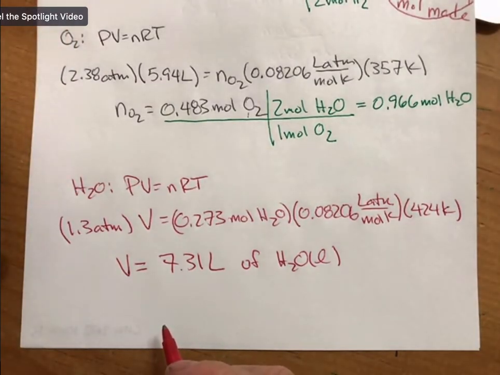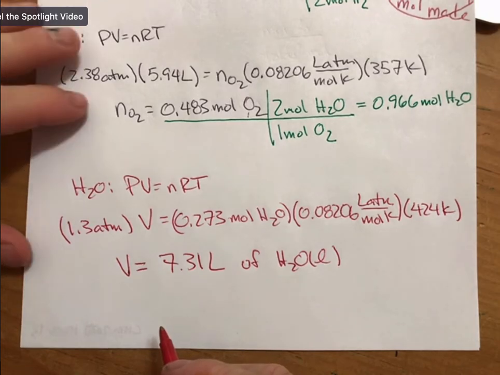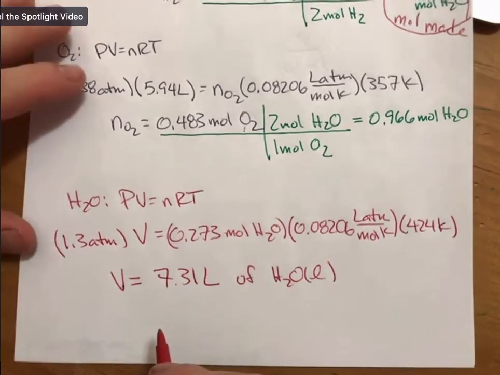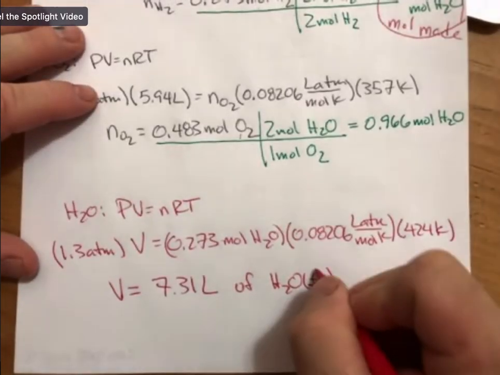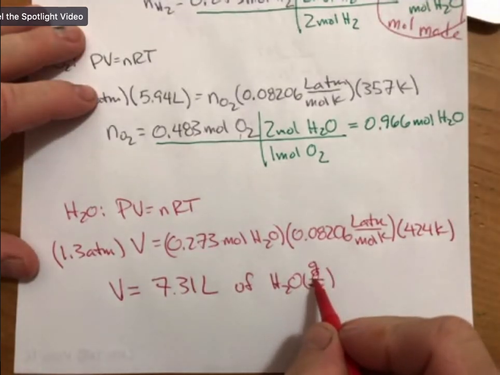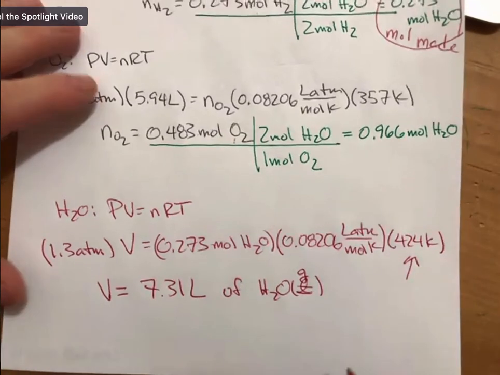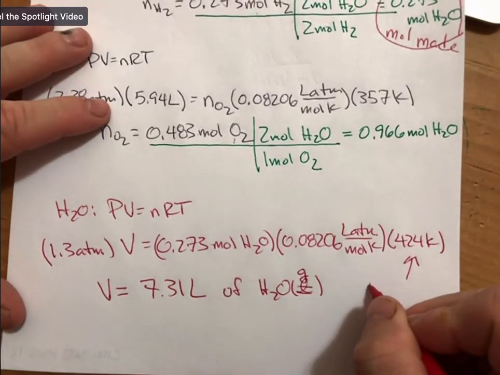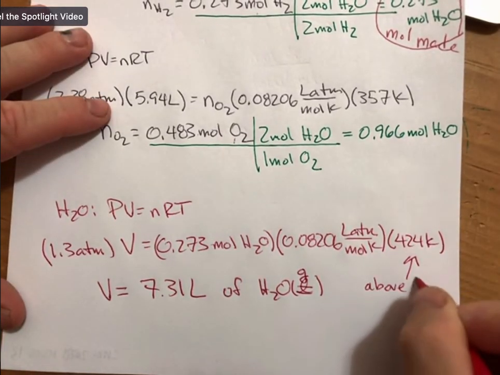Oh. Ha. So there is one typo in this problem, which is that the H2O has to be a gas. And it would be at 424 Kelvin because 424 is above the boiling point.